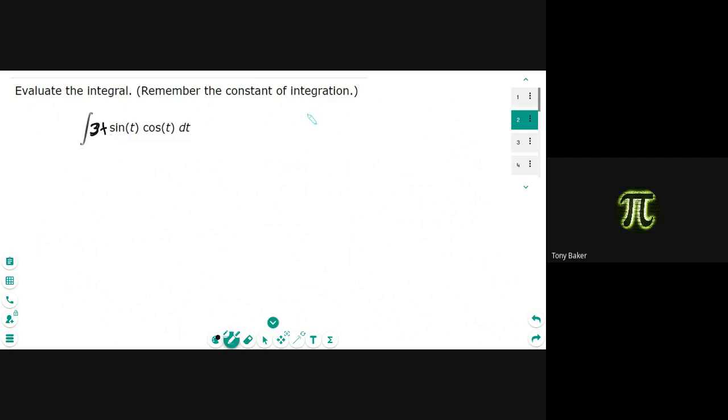So you can pull out the 3, but what we really have is these 2 things right here. That's really annoying. So is there a way for me to take that and put it together? Is there a trig identity? Sine squared plus cosine squared equals 1, but they're not squared. Is there a trig identity with sine and cosine?